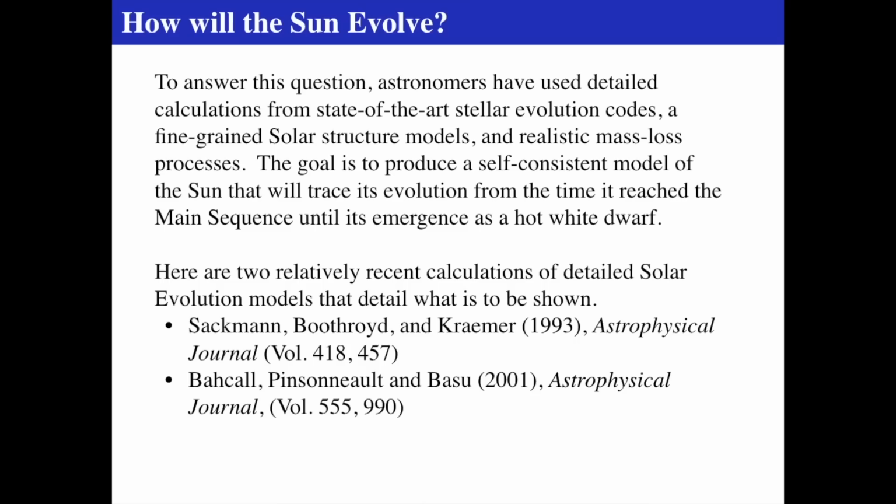All of those can be plugged into computer codes, and you take the mass of the Sun, the luminosity of the Sun, the composition of the Sun as we see it on the surface, and then run it backwards in time into the center of the Sun in order to get the central conditions. That is called a computer model. With all of the computer models that give us the numbers of the star, we can make a map of the inside of the star and see how changes in the core affect the changes on the surface of the star.